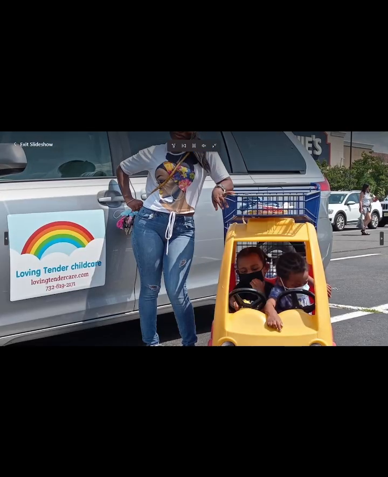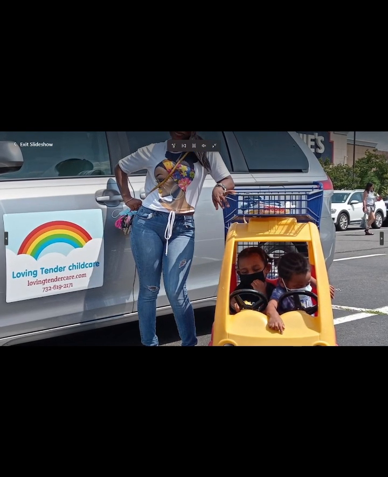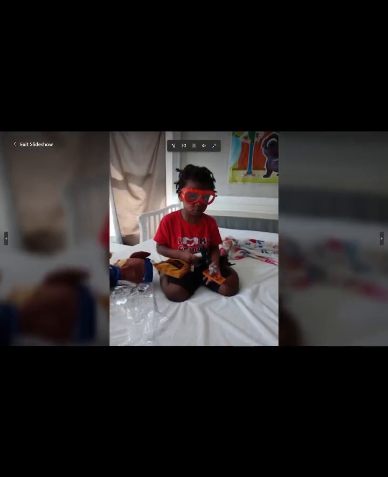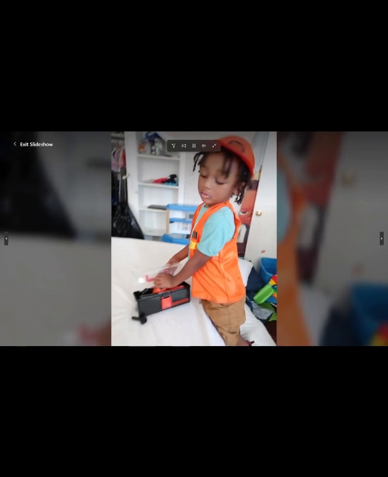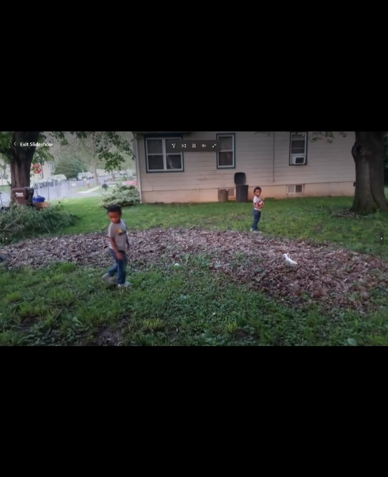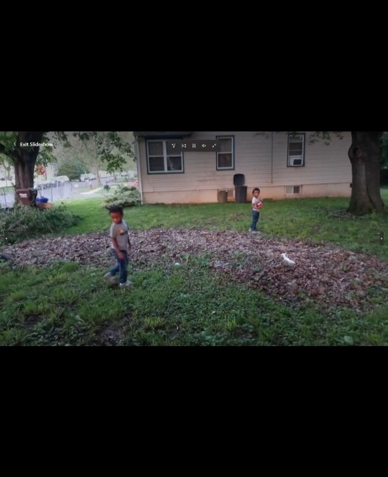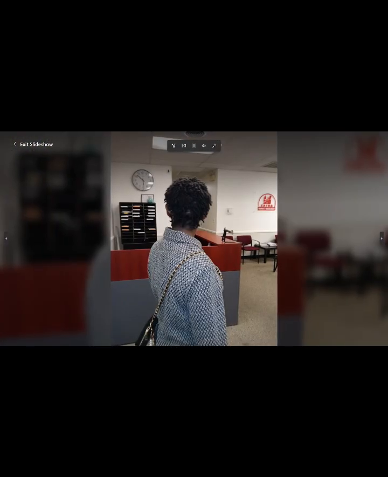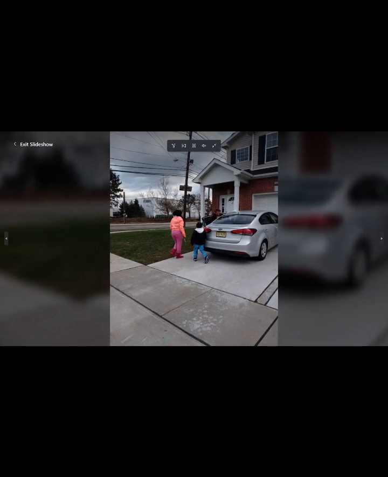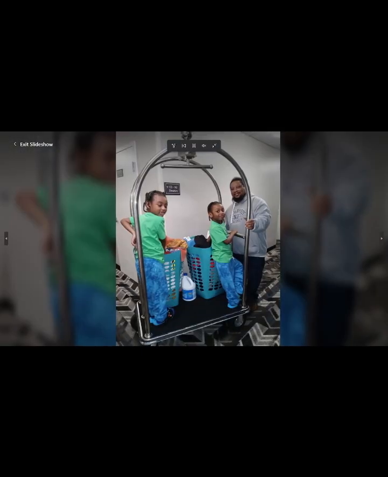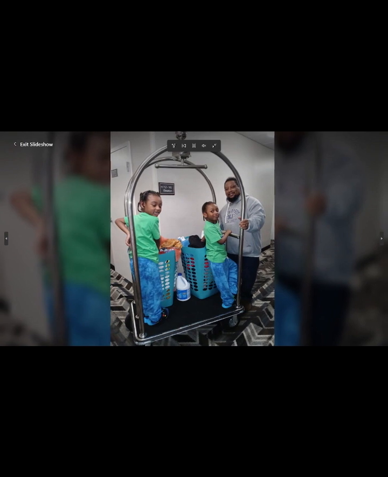Question number 8. A property is assessed at $76,000 and the tax rate is $5 per 100. What are the taxes? A. 380. B. 3,800. C. 1,520. D. 152. The correct answer is B, 3,800.